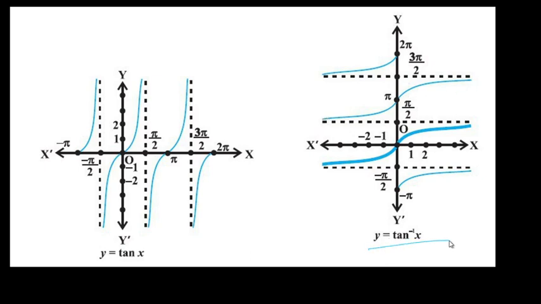So that is y is equal to tan inverse of x, and this one is y is equal to tan x. Similarly, y is equal to cot x. Here it is making a curve like this and immediately sweeps to pi at the top, and again comes down like this. So starting from minus pi to pi here. In this case it is symmetric about the y-axis, and the same sweep can be observed here, in the case of y is equal to cot inverse of x.